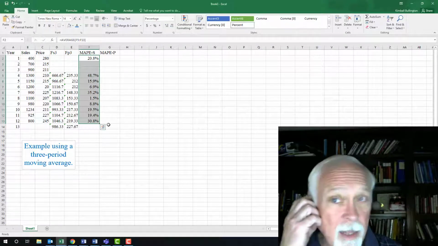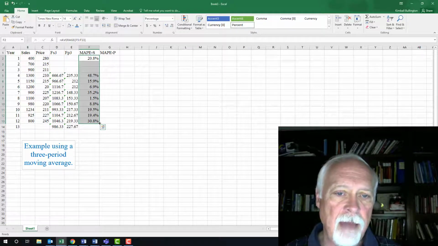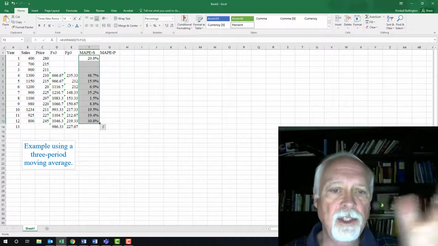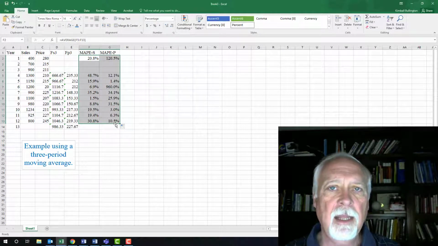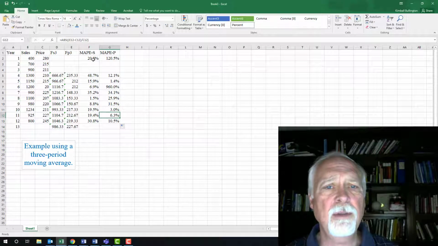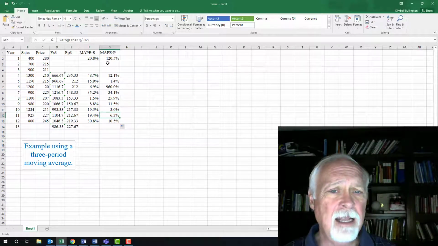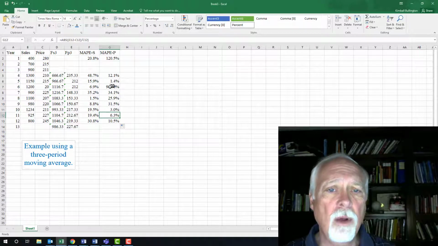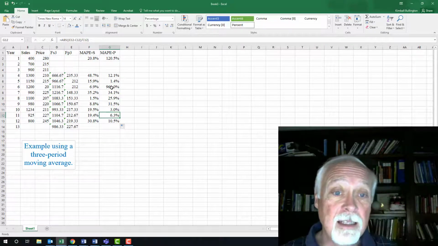That looks good. And the beauty of having everything in the same relative position is that I can just copy this across, and I have my numbers, except they don't look right. 20% versus 120%. Is that really likely? I glance at the numbers. Whoa, 960%. So something's going on.